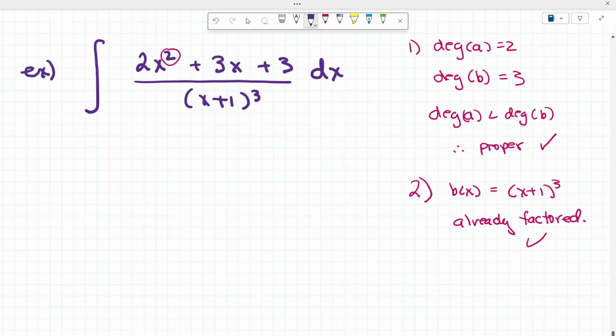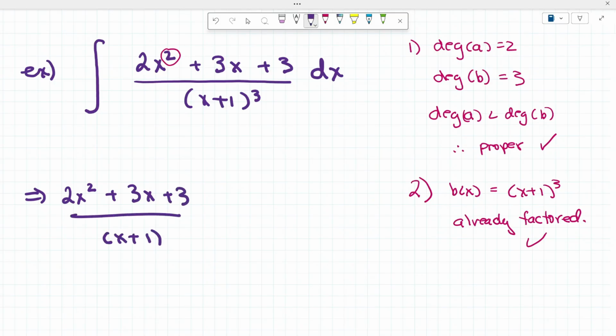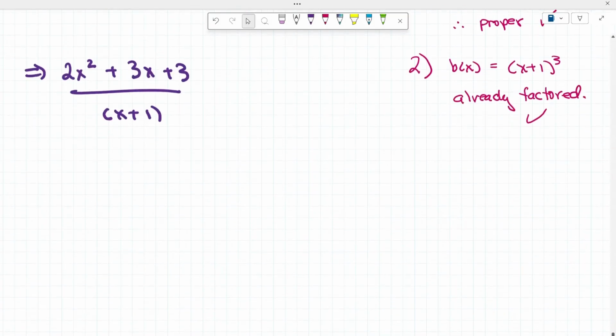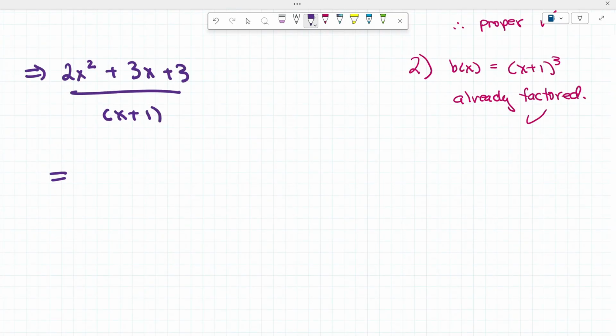So let's go ahead and set that up. We have 2x squared plus 3x plus 3 over (x plus 1) cubed. Okay, how can we decompose this? Since we have a degree 3 on the bottom, we're going to set this up into 3 different terms.